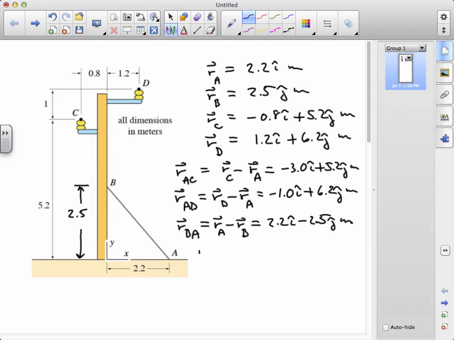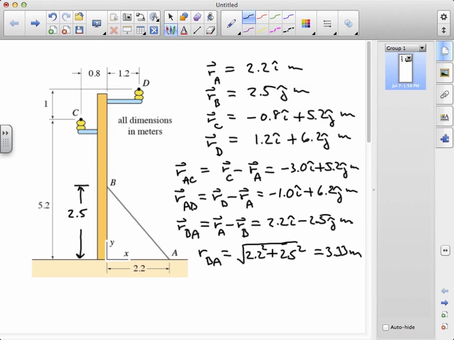The magnitude of RBA is the square root of the sum of the squares of its components, square root of 2.2 squared plus 2.5 squared, and that's equal to 3.33 meters.